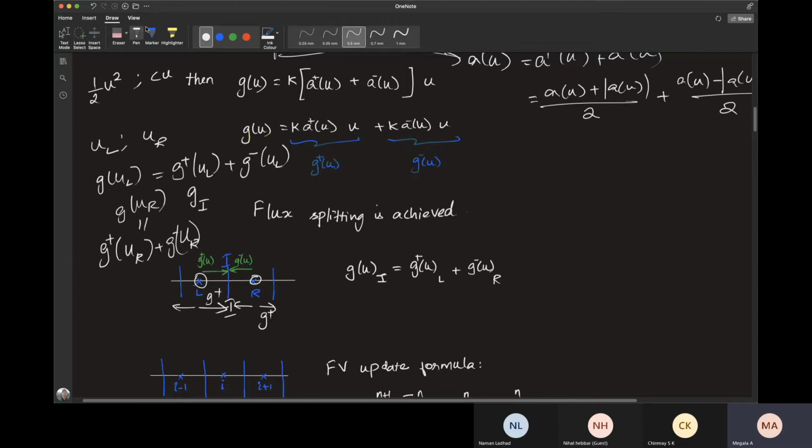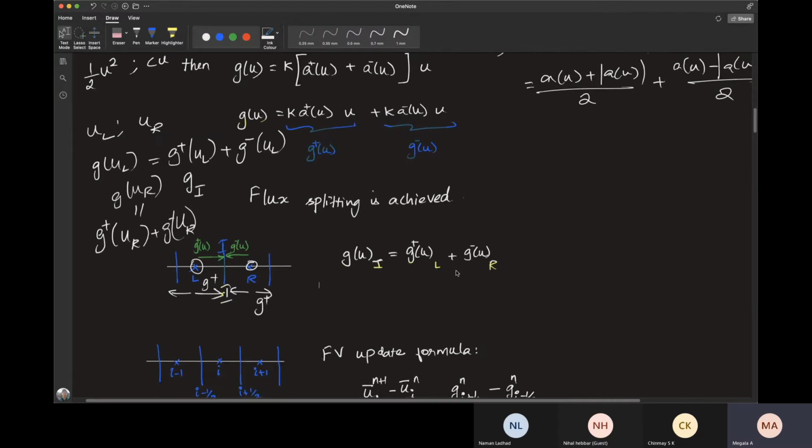So, in order to evaluate flux at this interface, you only need to consider the positive flux from the left cell and the negative flux from the right cell. That's what we are doing here. That is this expression. We are just summing the positive and negative fluxes from the left and right cell centers respectively. So this is how you evaluate the fluxes at the cell interfaces by using the split fluxes.